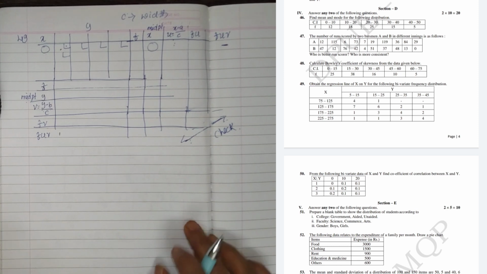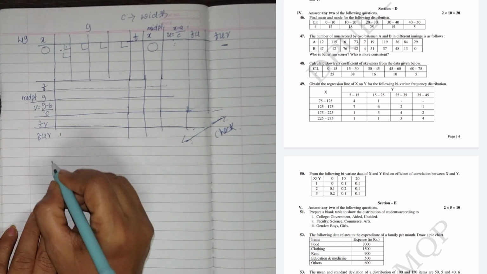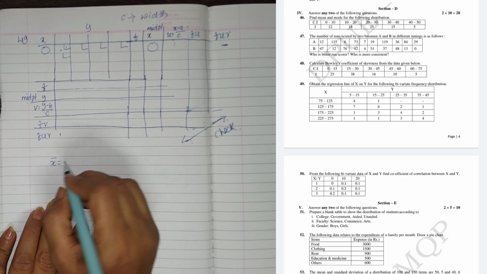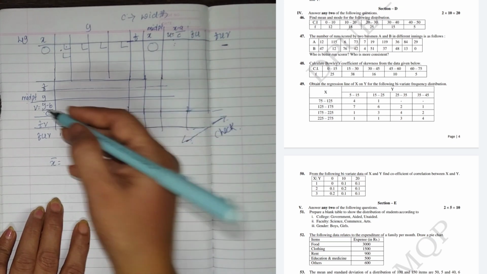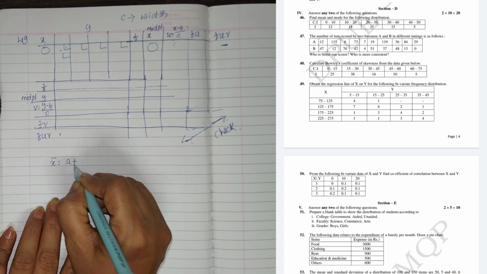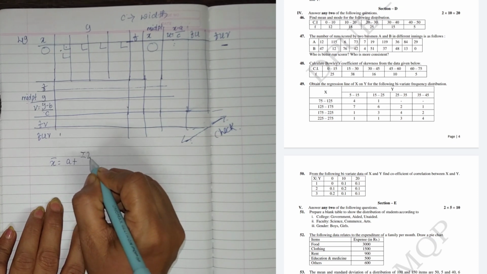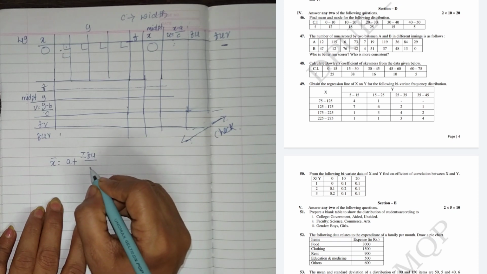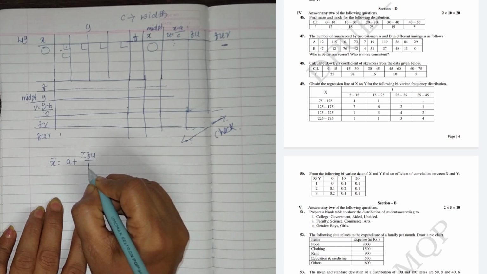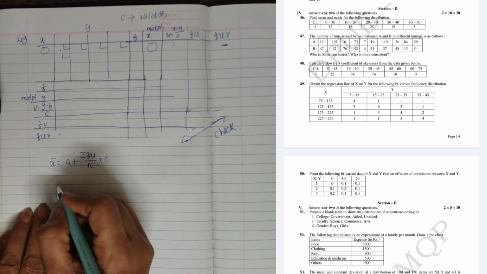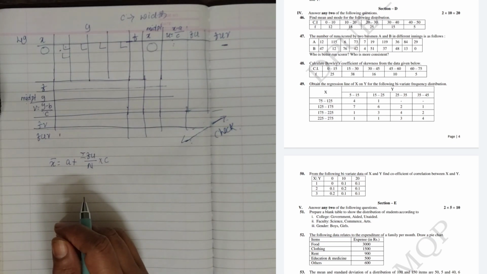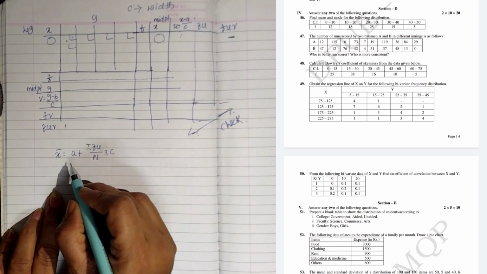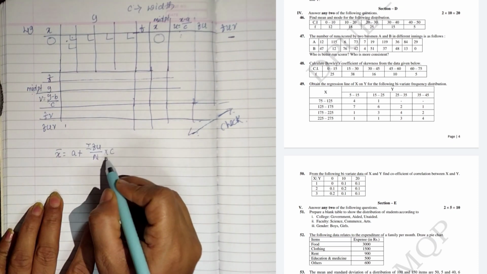After calculating this summation fuv, you have to calculate x bar. x bar is equal to a plus summation of fu divided by capital N into c.